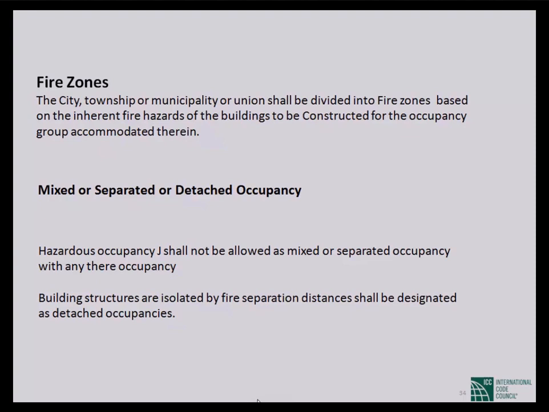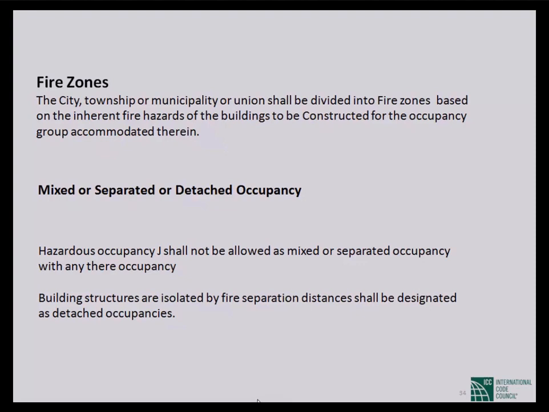That is the idea of mixed occupancy. I repeat the same thing: mixed means different types of occupancy will be amalgamated in a single building, there will be no separate preferred separation, because I will design everything with the most critical one.